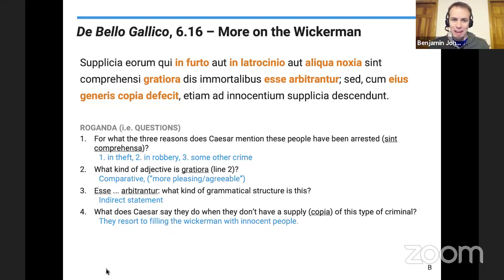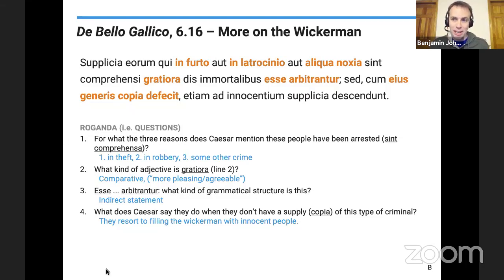So these are the people that maybe take up this punishment. Gratiora, so they think that punishment of these people is more pleasing or agreeable, dis immortalibus, to the immortal gods.